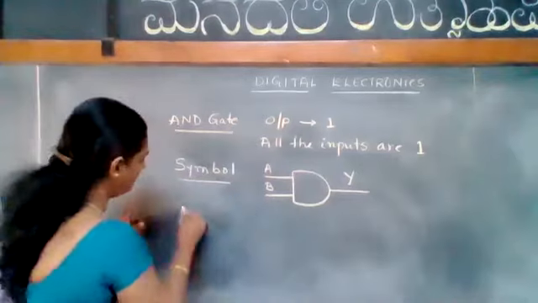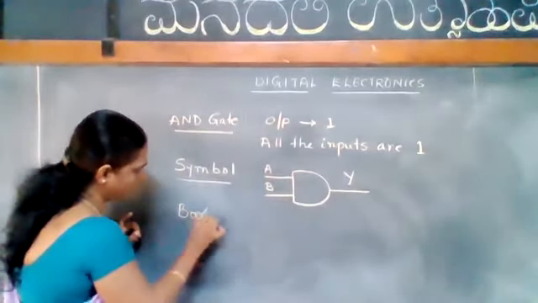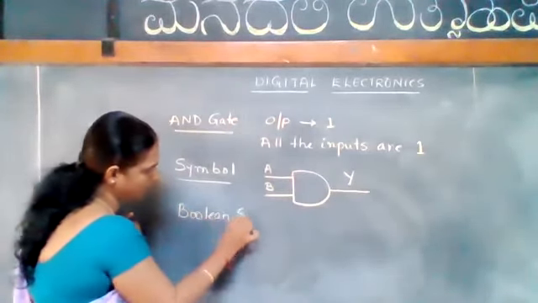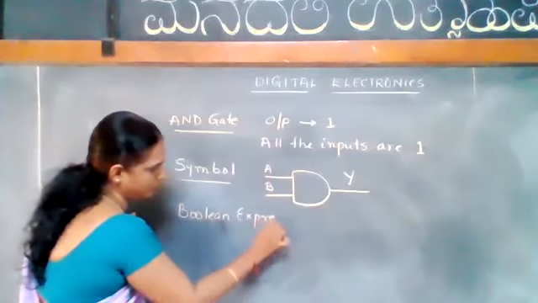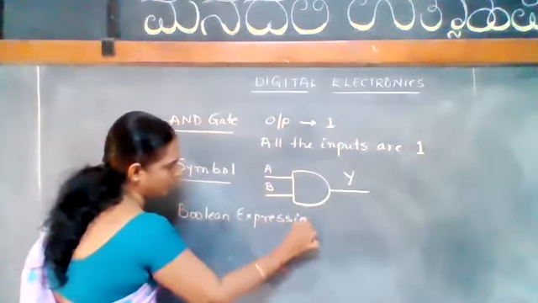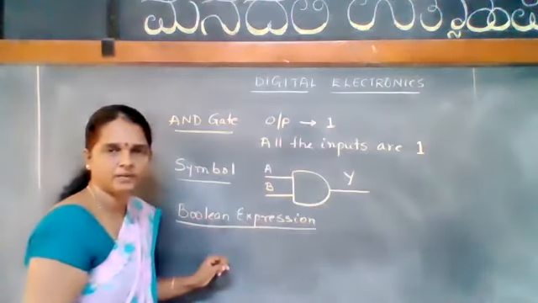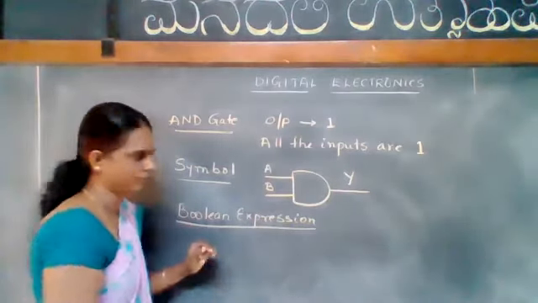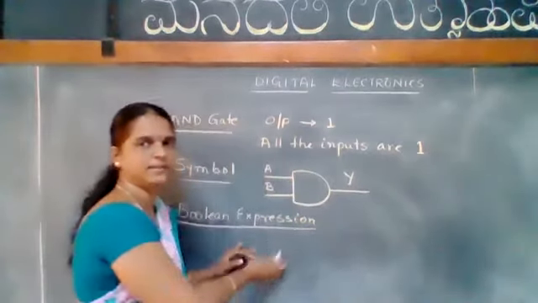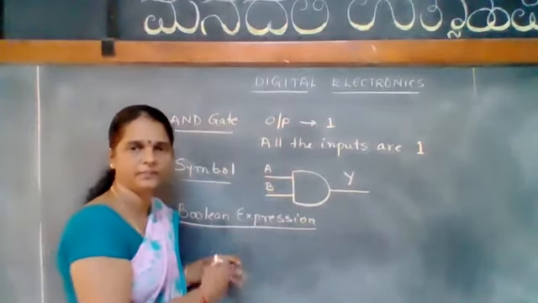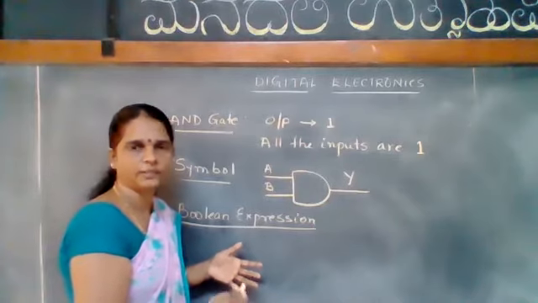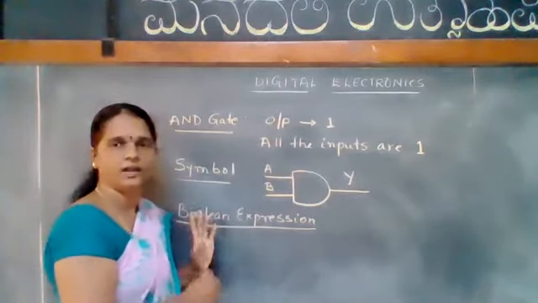Now, what is the Boolean expression for this? While studying the Boolean rules, we have seen multiplication of Boolean, digital bits. That itself is the AND function. Multiplication, what we are doing for the binary bits, that itself is the AND function.